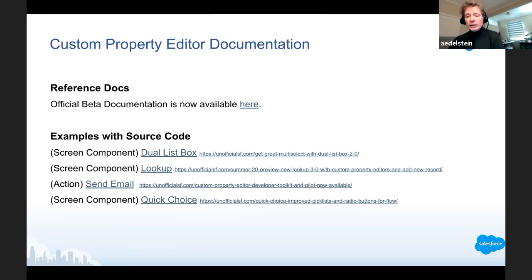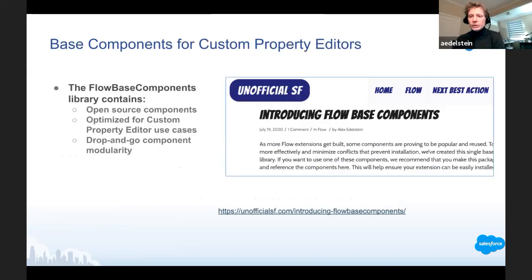You also can get them in the form of unmanaged projects. Install the whole thing into an org. So you've got a lot of stuff here that you can work from as a start. Now, one of the things you're going to see in those is the use of a library called flow-based components. Flow-based components is a brand new concept, basically.